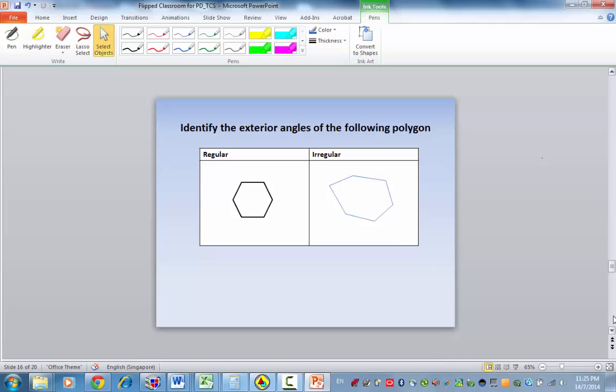Now, can you identify the exterior angles of these following polygons? Did you get it right?